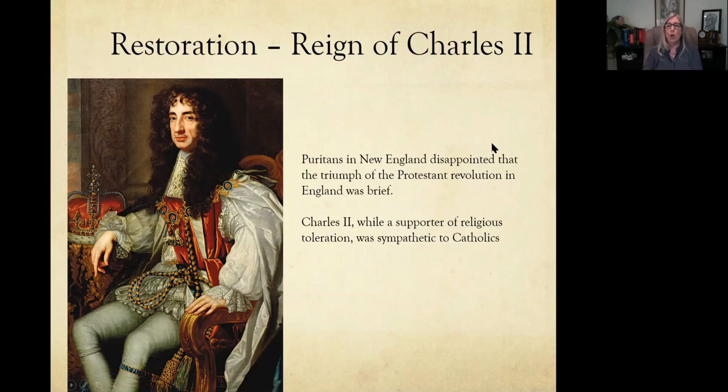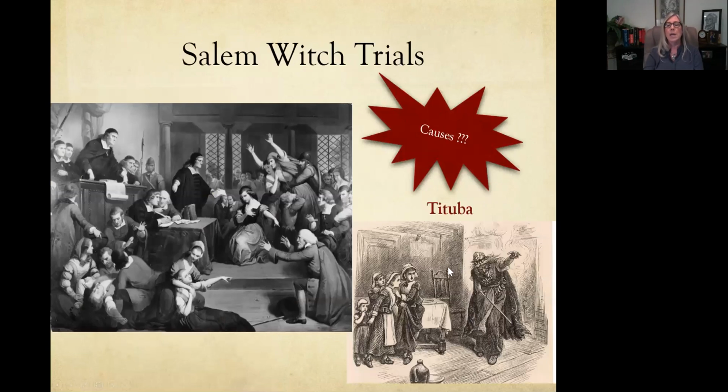Didn't happen. So when Charles II came back in, he was more sympathetic towards various religious groups, but he was the one who ends up marrying the French princess, Henrietta Maria. And so he's sympathetic to the Catholics, and that's going back to his time being in exile in France.